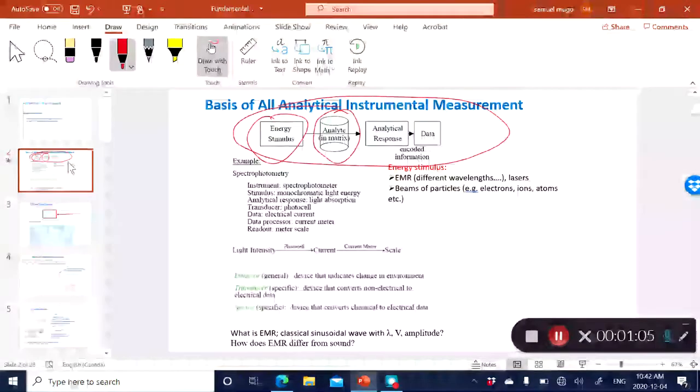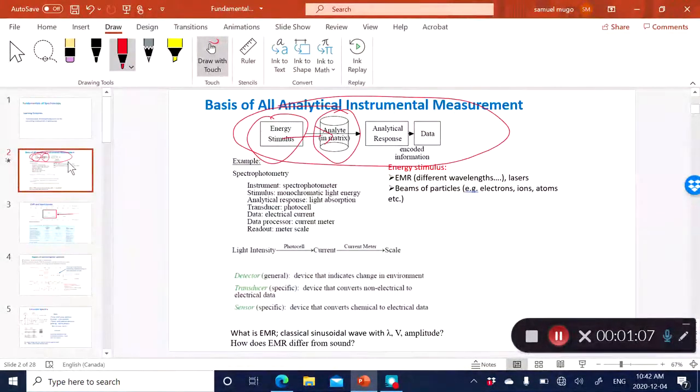The energy source impinges on the analyte, and because of that chemical perturbation, you look at the response from that energy, and that's what you detect, using different types of detectors.